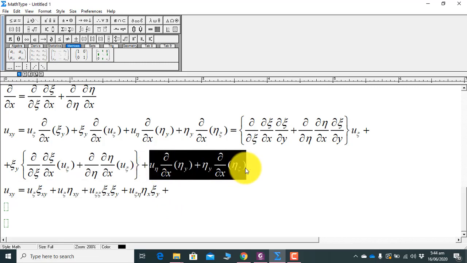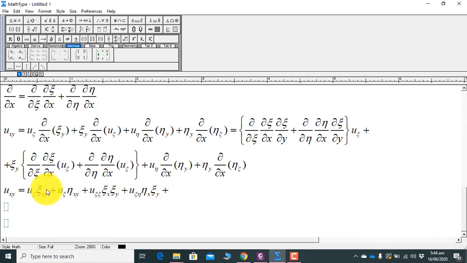How can you calculate? Similarly, just focus on the first term. The first term was u xi xy, so their first term will be u eta xy. The same thing with respect to eta.